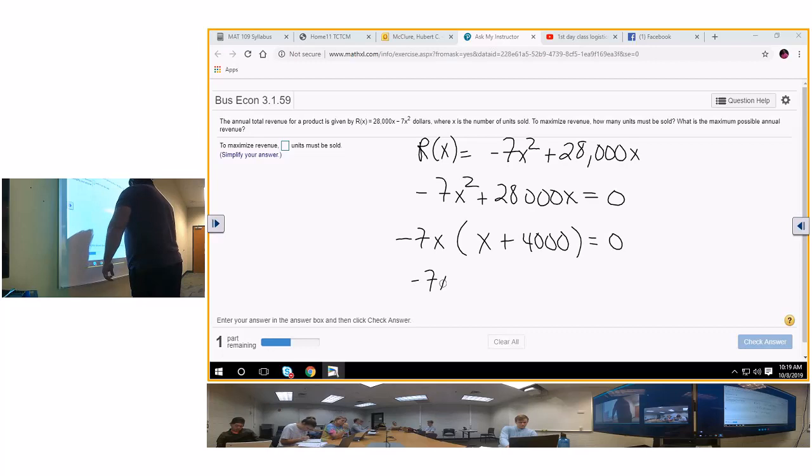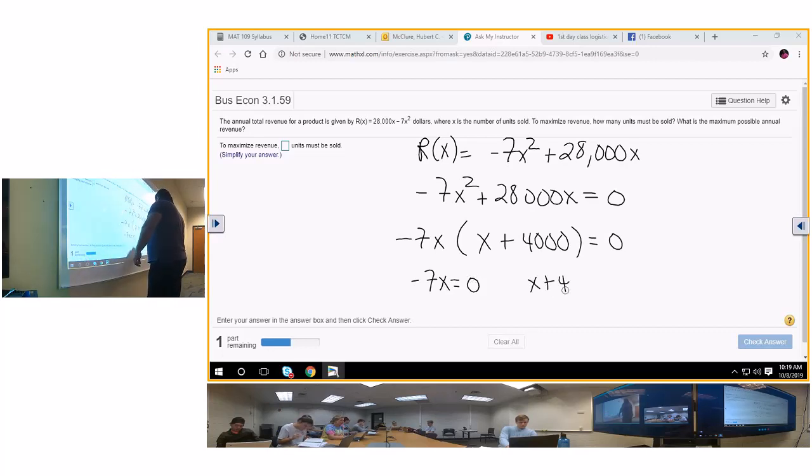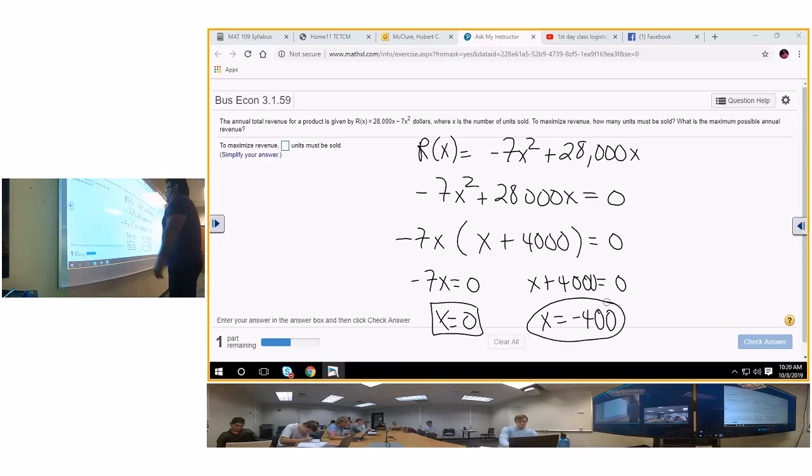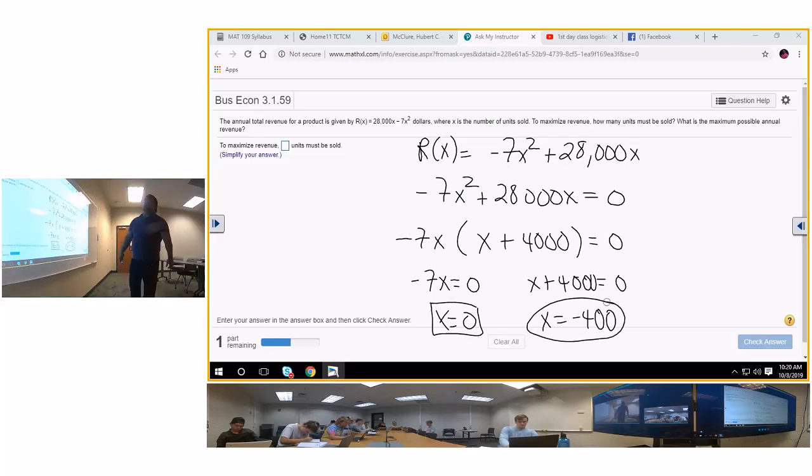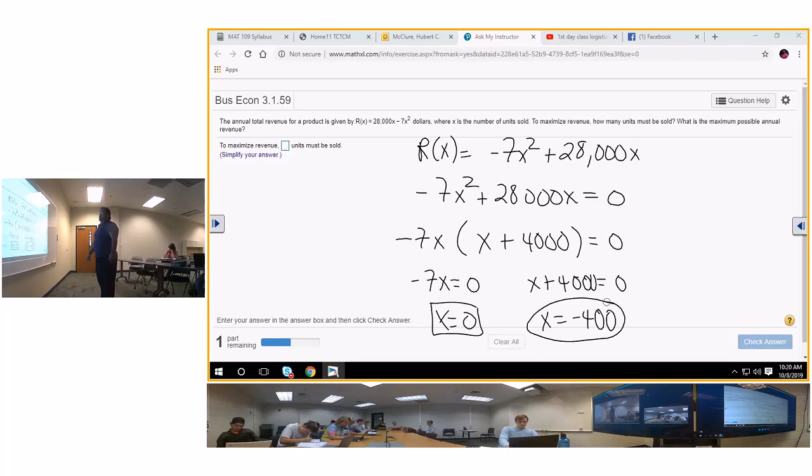Negative 7x is equal to 0, and x plus 4,000 is equal to 0. So x is equal to 0. That's one x-intercept. The other x-intercept is negative 4,000. So we know this is not in our quadrant, because we wanted everything in the first quadrant. This one's in the second quadrant.